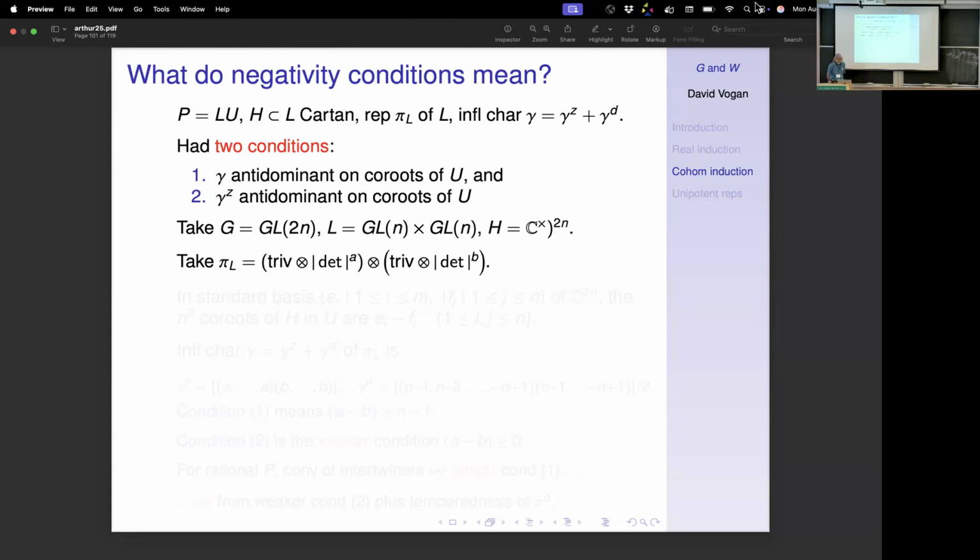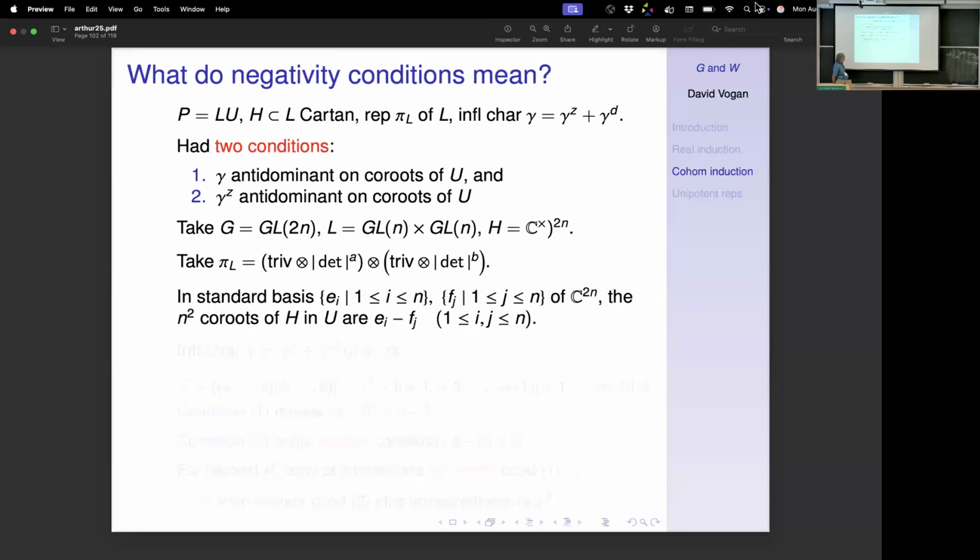This is a really familiar kind of thing in all kinds of representation theory. And if I use some standard basis for C^2n, where I call the first n coordinates the e_i's and the last n coordinates the f_j's, then the co-roots of H in U are the e_i minus f_j.